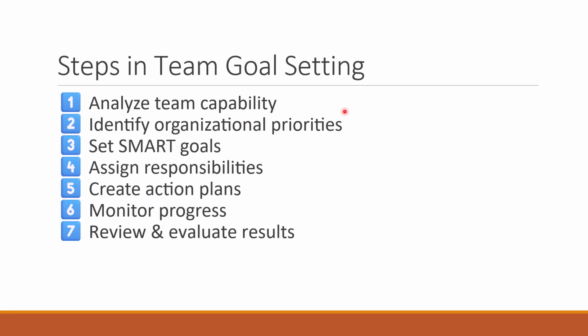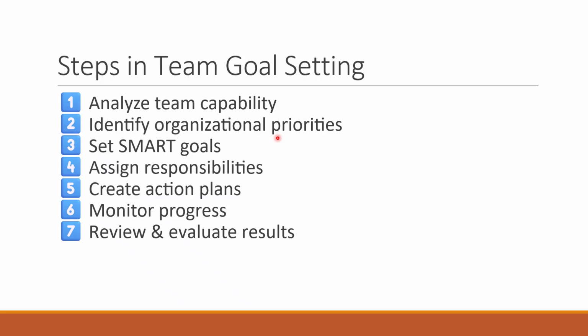The very first step taken at the time of setting the team goal is to analyze the team capability. Actually, क्या capability है मेरे team members की? Here we understand the strengths, weaknesses, and capacity of the team members. Next, after analyzing the team capability, we move on to identifying the organizational priorities.